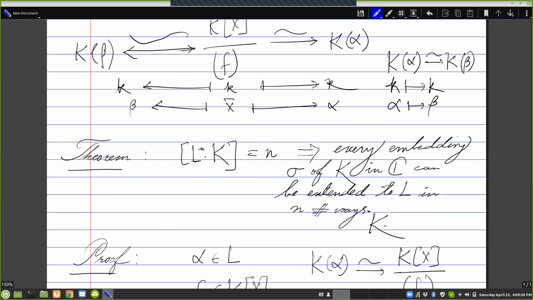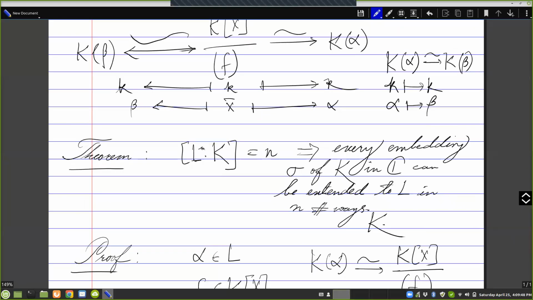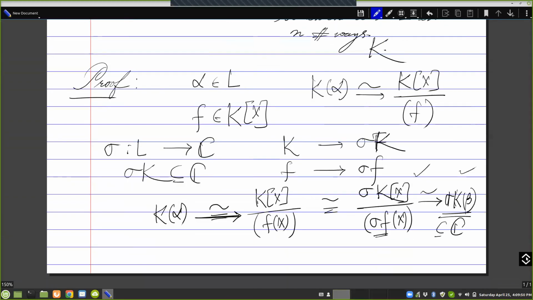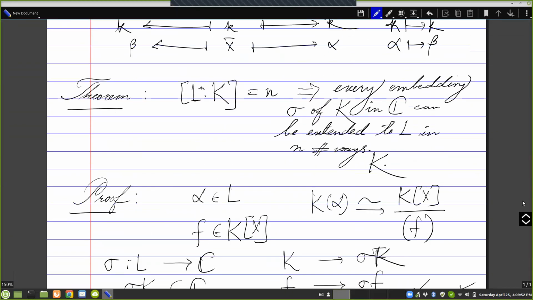So what it means is, if you take any embedding of K in C, then it admits n extensions to L, where n is the degree of the extension. All right, sorry for writing the statement wrong beforehand.